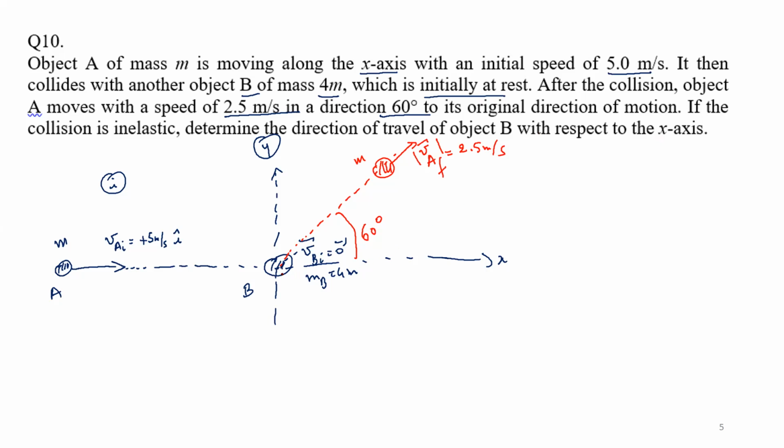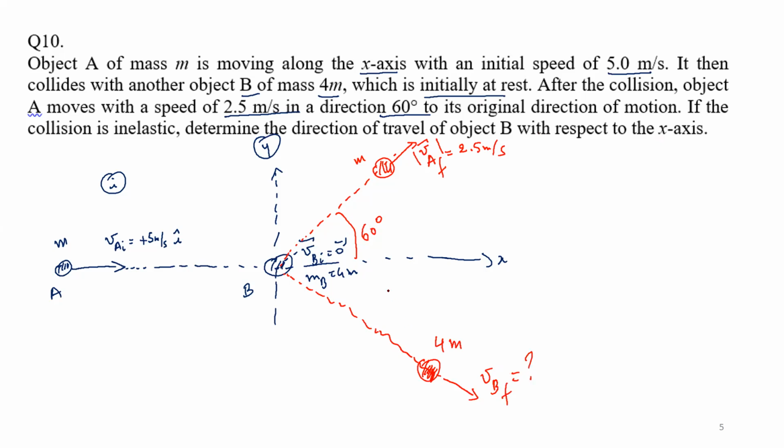So for object B, I know that this is what we call a glancing collision. A is going in this direction, so of course, B will go in this direction. B will go here in this direction, but the problem is I still know that B has a mass 4m. I don't know what V_B final is.